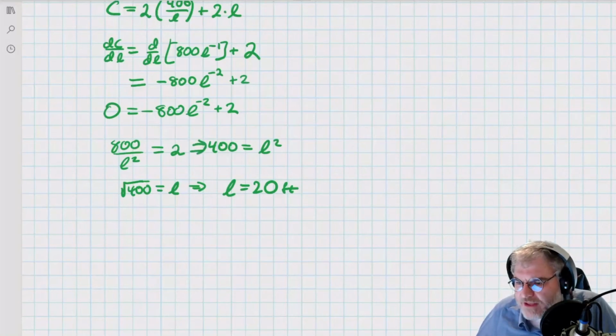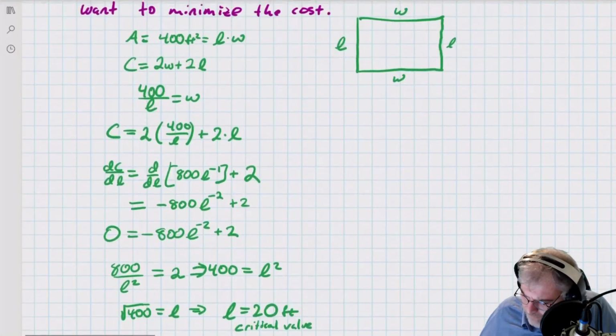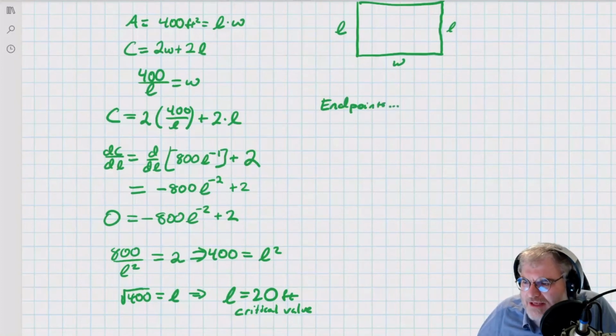Okay, so how do we feel about that 1 to 5? What I did was I took the derivative and I solved it for 0. So here's a critical value. Now, the endpoints. Well, any amount of positive fencing makes sense.